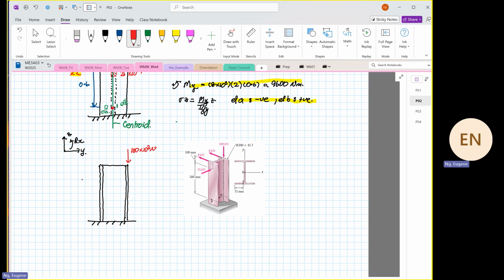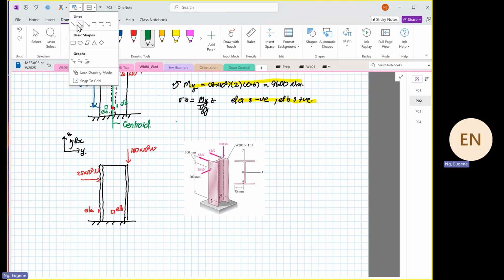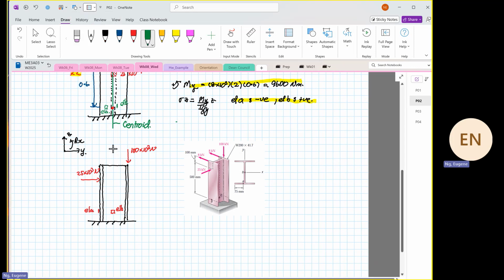And then somewhere around here, you have 25 times 10 to the power 3 Newton. And then you will have your element A, and then you will have your element B. Then again, you sketch down your centroid of interest relative to the elements.